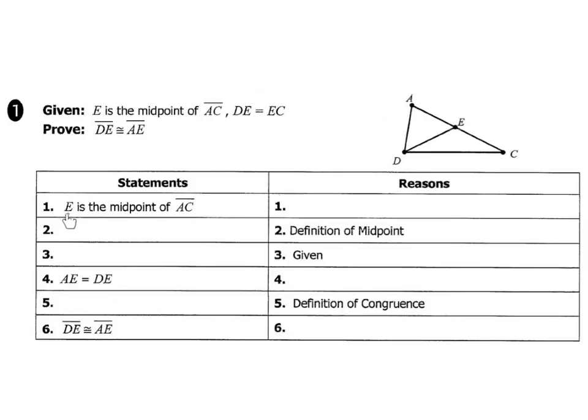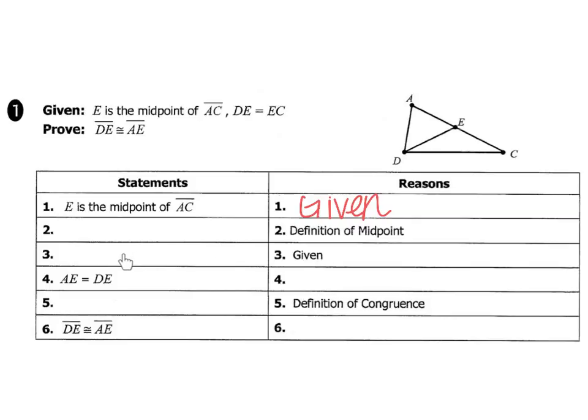So step number 1, E is the midpoint of AC. That is given information, so we know that our reason for number 1 is given. Also, we have one other piece of given information, and that's that DE is equal to EC. And we have another reason over here that says given.